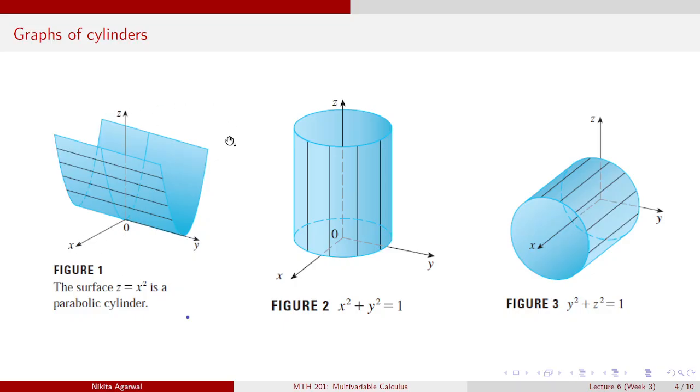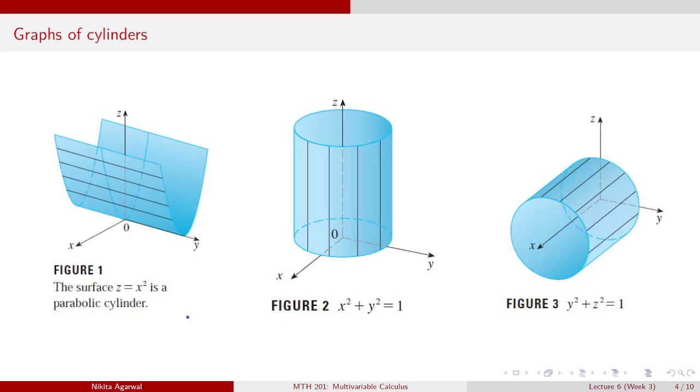When y is 0, this surface is a parabola, z equal to x square. All of you know the equation of a parabola, y equal to x square.